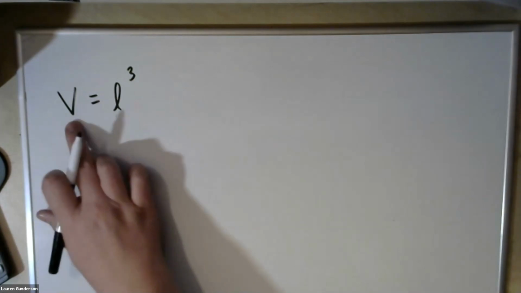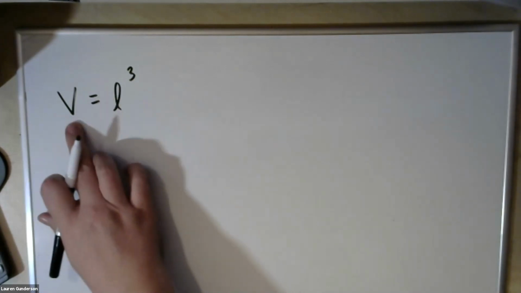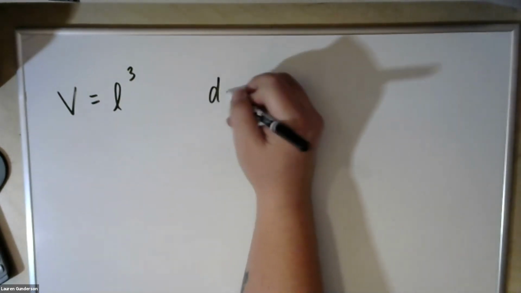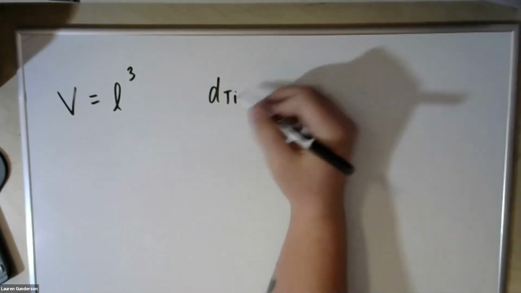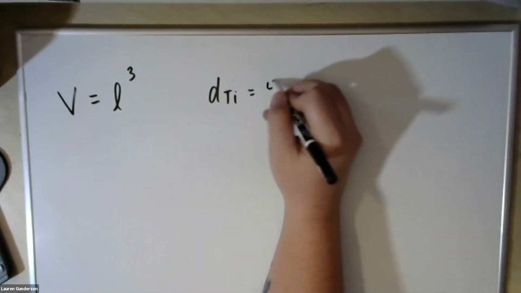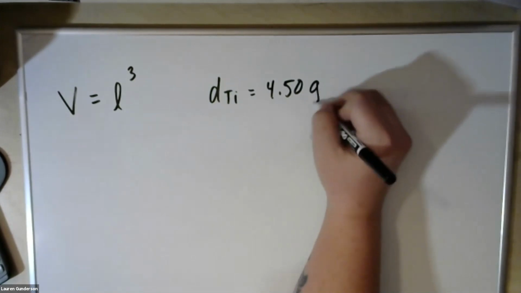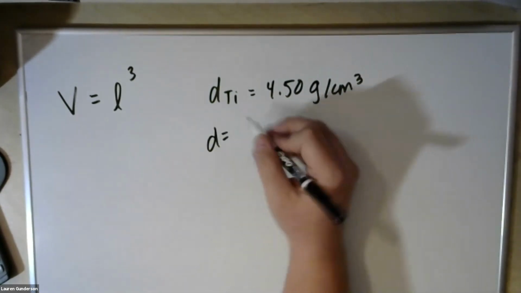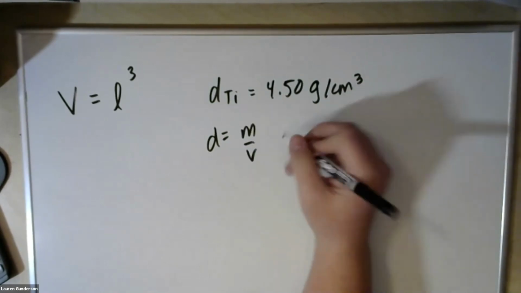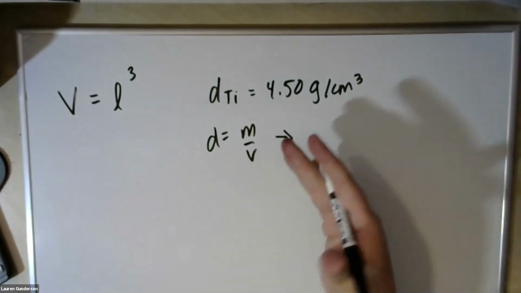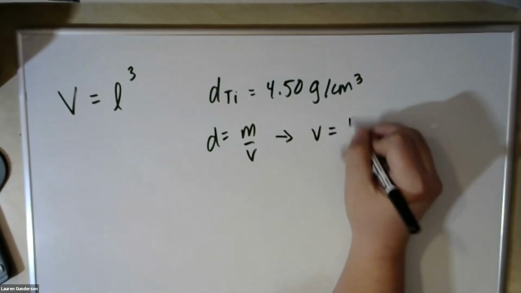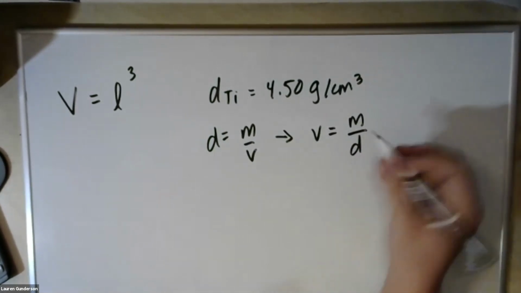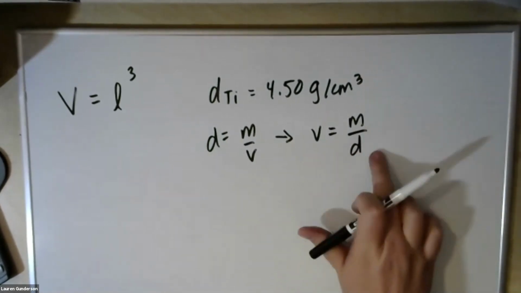To find the volume of the cube, we're going to use the density of titanium, the same way we did before. The density of titanium is 4.50 grams per cubic centimeter. Density is also mass over volume, which we can solve for volume. And when we do that, we end up with volume equal to mass over density.